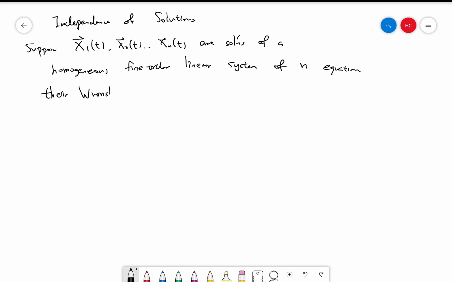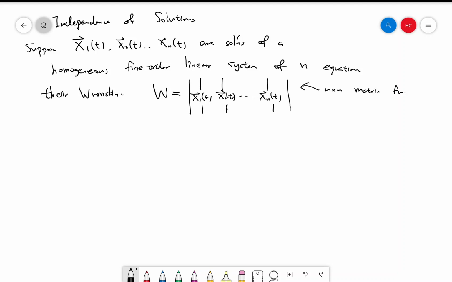So their Wronskian is defined to be W equals the determinant of a matrix. The first column is x1, the second column is x2, and the nth column is xn. This is an n by n matrix function. Notice that there's no derivative here, just x1, x2, all the way to xn. This is their Wronskian.